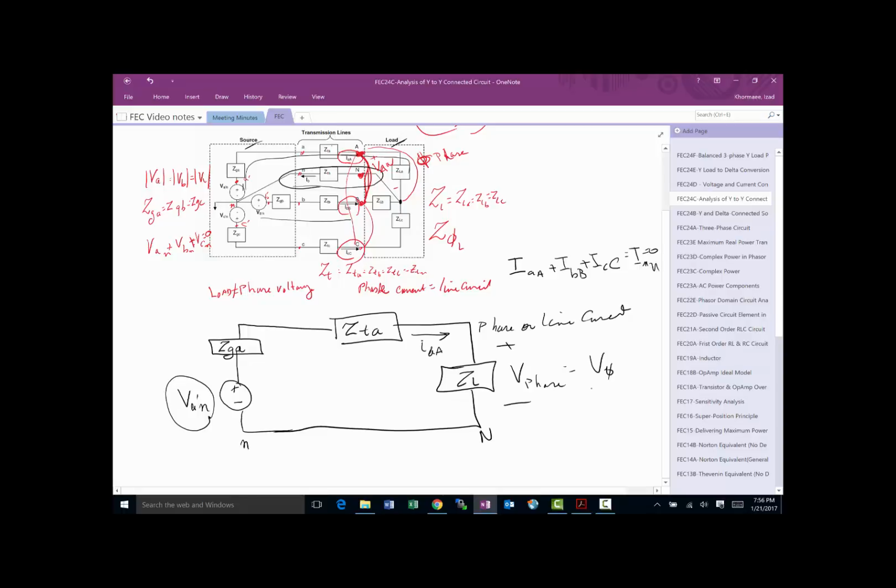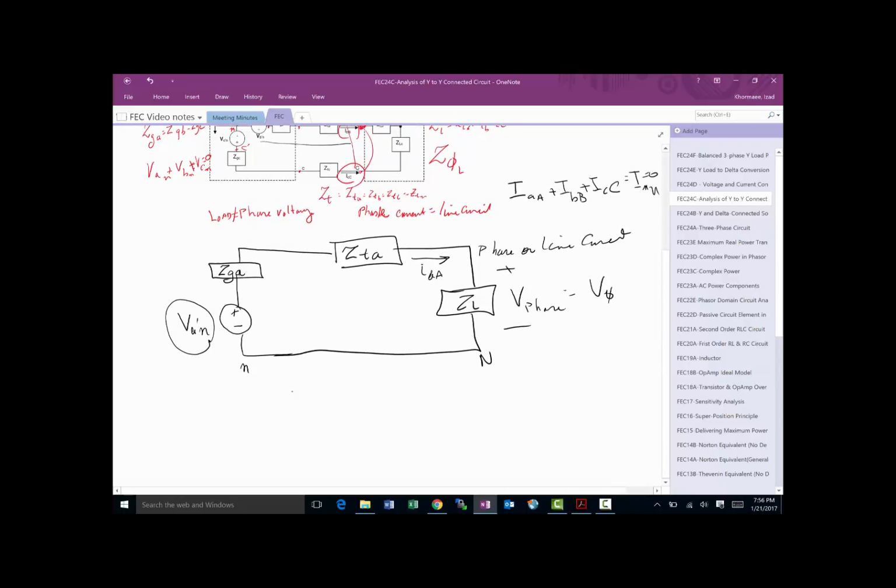Now, we can apply our KCL and KVL to the more complicated circuit up there, but I'd much rather do this. And once I have found VAN, all I have to do is shift it by 120 degrees one way or the other, and then 120 again to find VB and VC, or VC and VB: plus 120 to get that, minus 120 to get that.